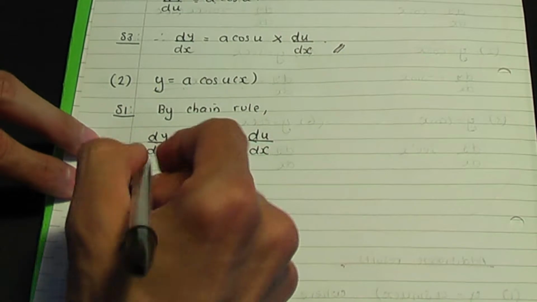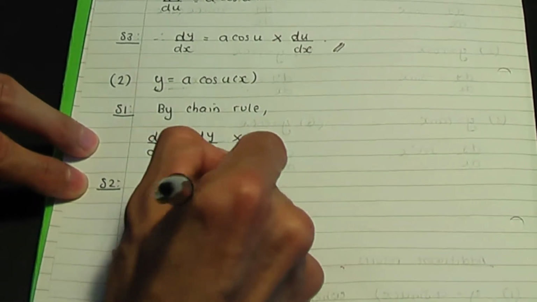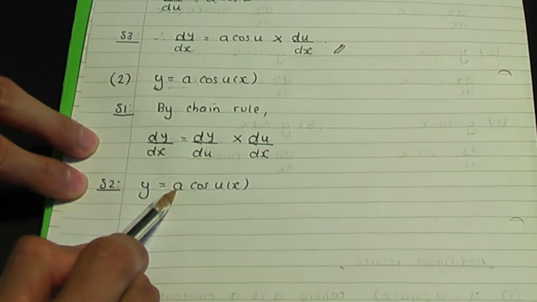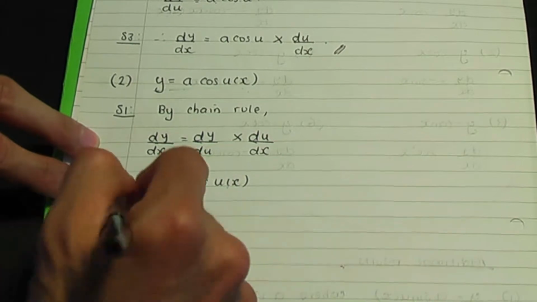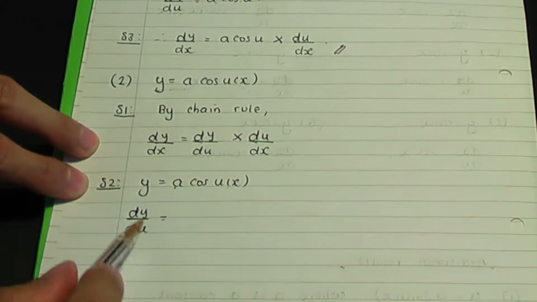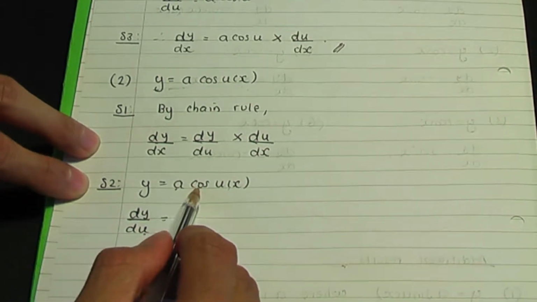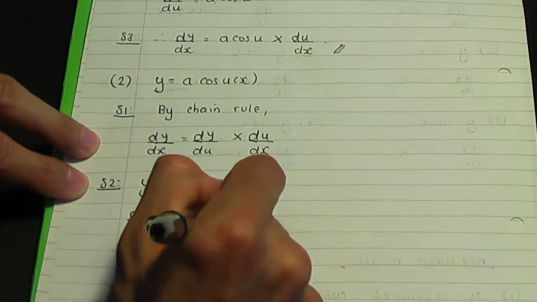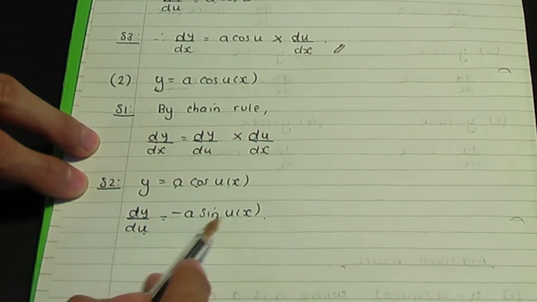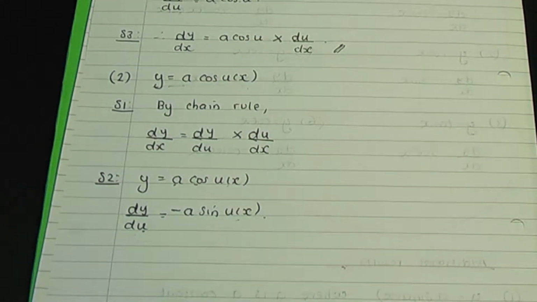Based on our equation here, y is a cos ux, and bearing in mind a is a constant, u is a function of x, dy over du: if I differentiate with respect to u, the derivative of cos is minus sine, so it's minus a sine ux, or minus a sine u. Remember, u is the shorthand for ux.